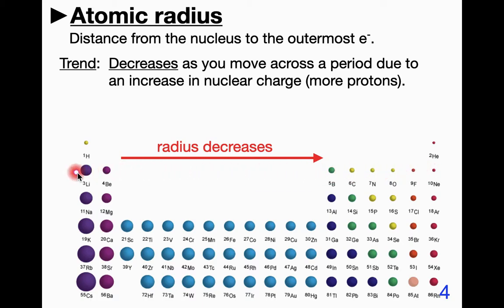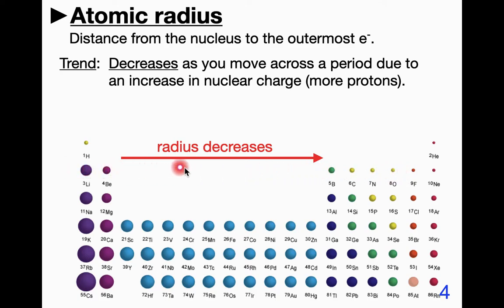Now, what's going on as we go across? Yes, we're adding more electrons, but we're also increasing the number of protons in the atoms. Lithium has 3 protons, beryllium has 4, boron has 5, 6, etc. So as we go across, it's as if we're turning up the positive charge of the nucleus, and we're pulling in the electrons more and more tightly.